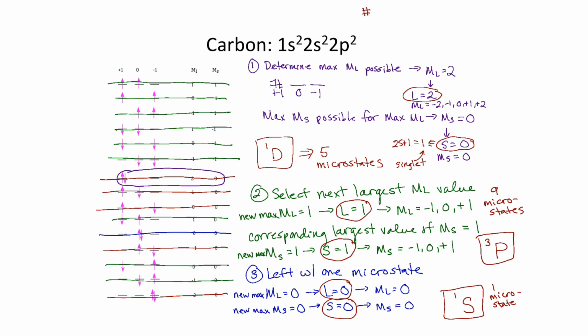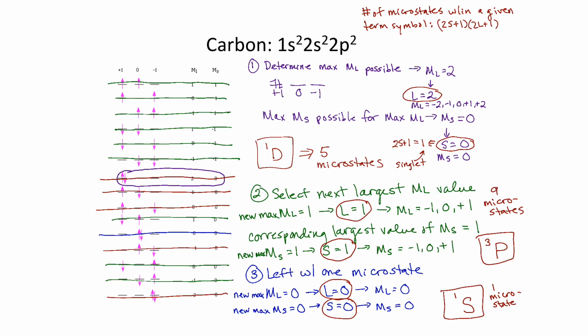The number of microstates within a given term symbol is given by 2S plus 1 times 2L plus 1. We've seen that form show up when we talked about the degeneracy of our rigid rotor, so same kind of idea there.